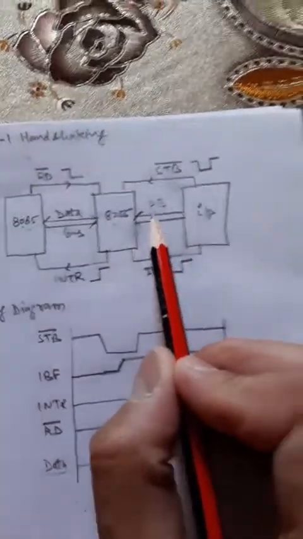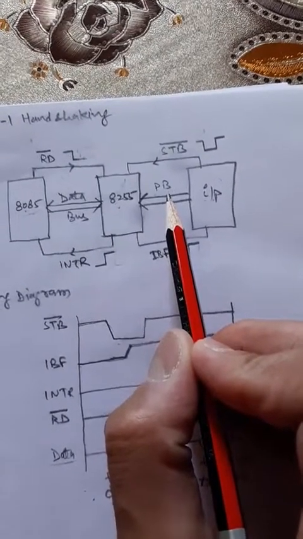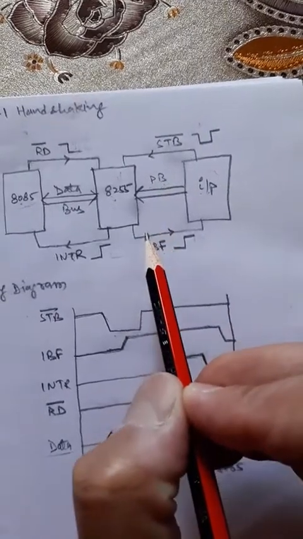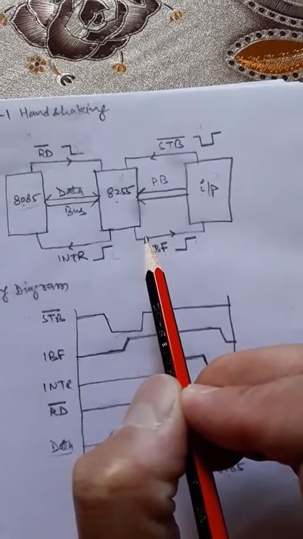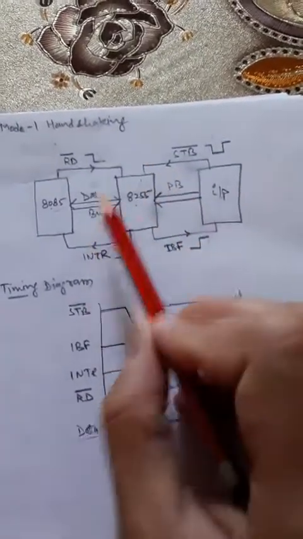We can use either port A or port B, because port C does not work with mode 1. Here I have used port B, and the lower lines of port C are for handshaking purposes. These are the handshaking signals.